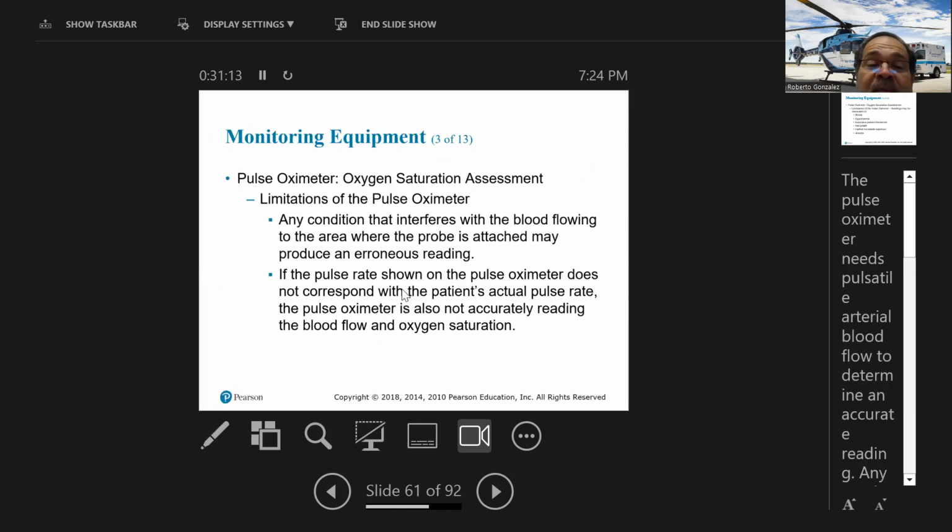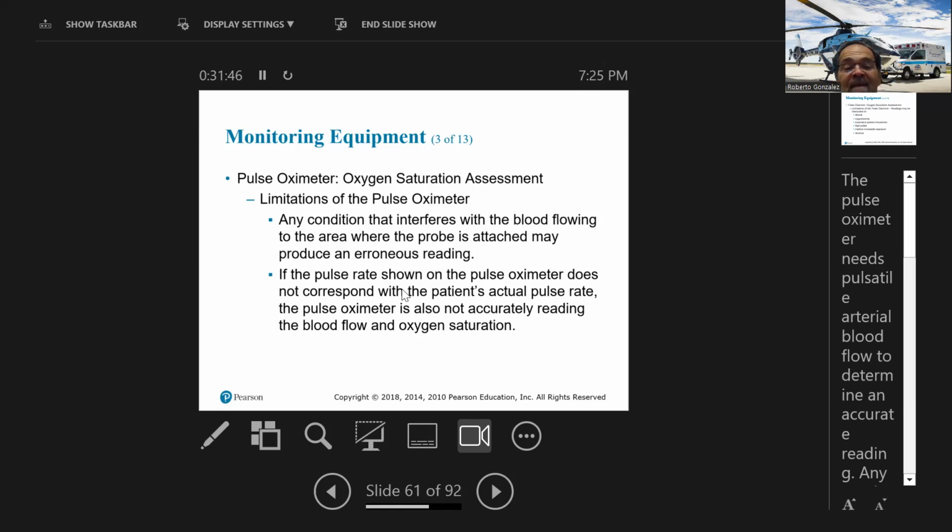Monitoring concerns. Any limitations of the pulse oximeter? The problem is that if it's very cold outside, it's not going to work, because your body tends to constrict the capillaries. Any condition that interferes with the blood flowing to the area where the probe is attached may produce an erroneous reading.